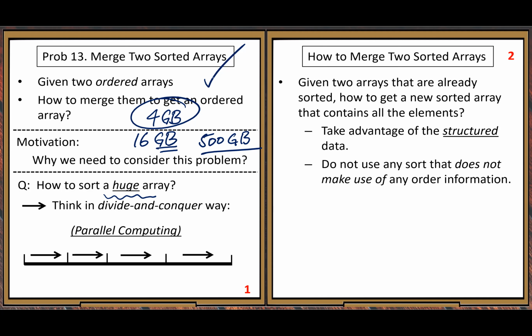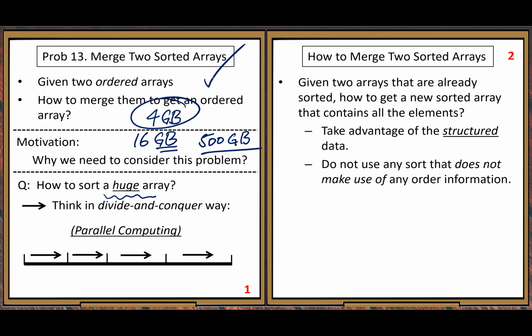If there is no swap operation, then the algorithm stops, because no swap operation means it is already sorted. You do not need to do further scanning. That's the modified bubble sort described in our textbook.